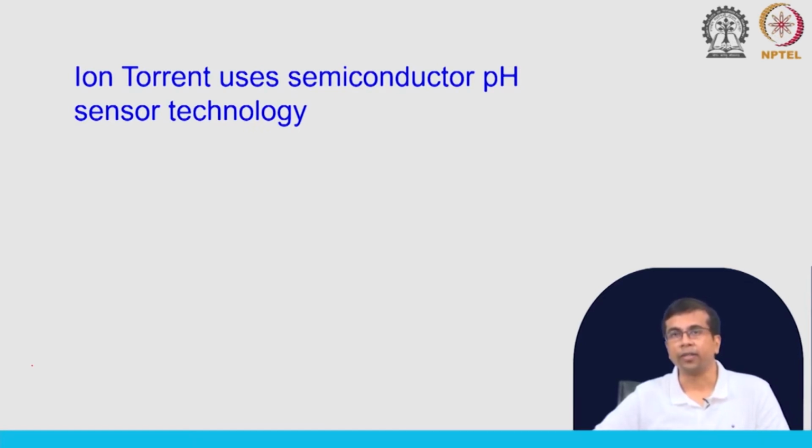Ion torrent uses a semiconductor pH sensor technology. There is a semiconductor sensor which can detect any change in H plus ion concentration through a change in current. This method also relies on synthesizing the complementary strand of a DNA molecule.